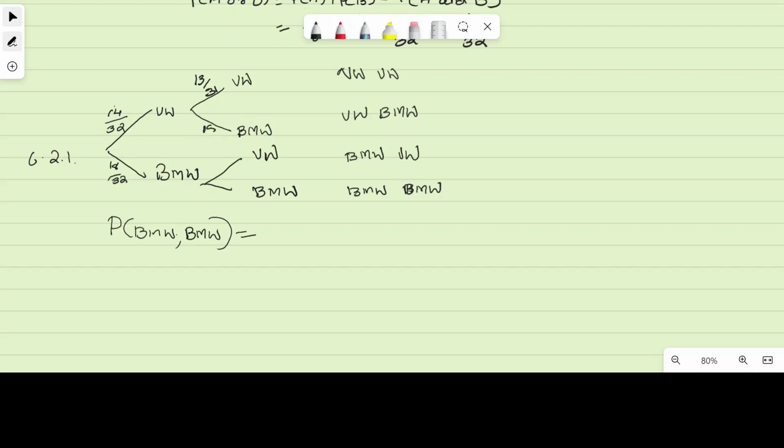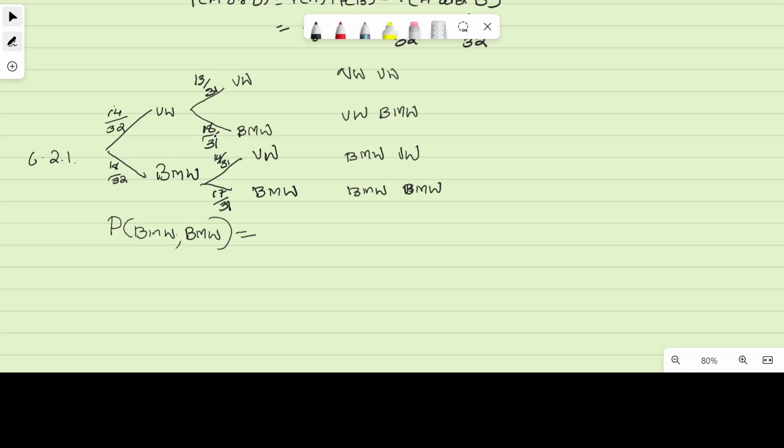All the BMWs are still left, but one car is gone already, so the denominator is 31. When we come to this branch, the first car stolen is BMW, so one car is already stolen and the denominator is 31, but all the VWs are still there, so it's 14 over 31, and here it's 17 over 31 because one BMW is stolen as the first car.